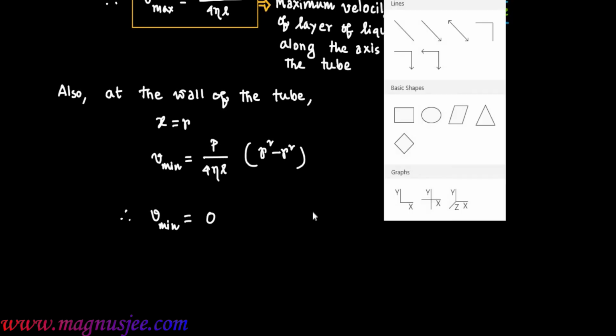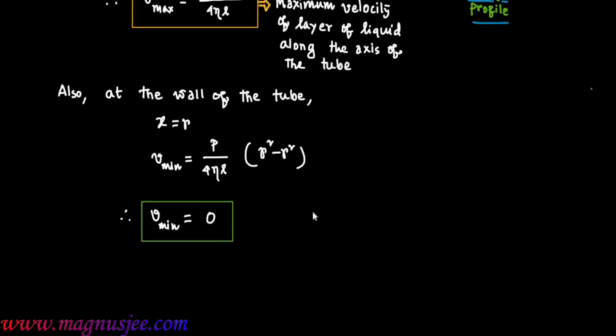Therefore, V min equals 0. This is the minimum velocity of layer of liquid at the wall of the tube. V min equals 0. That is the 0 velocity of layer of liquid or minimum velocity of layer of liquid.